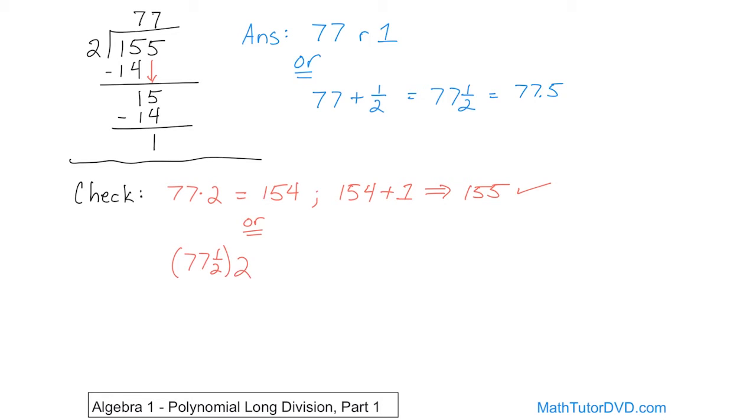Basically, we're saying that the answer to the problem is 77 and 1/2. So if we multiply by 2, what do we get? If you pull out a calculator or do that long multiplication, you'll just see that the answer is 155. So however you check it is fine. If you just multiply and add the remainder, or if you use the fractional form and just do the straight multiplication, you should arrive at exactly the same number that you had underneath this division sign. So that is a review of regular division.